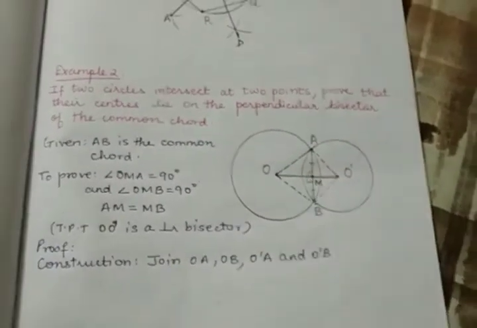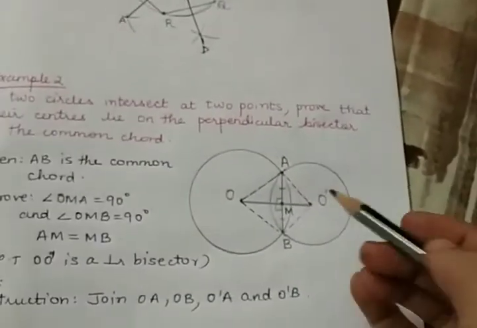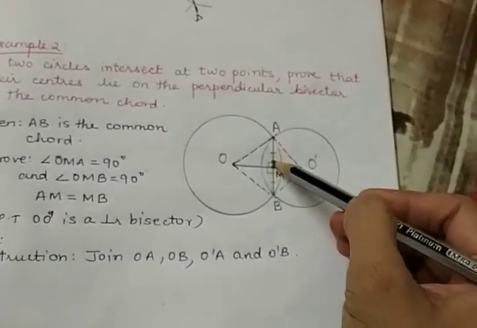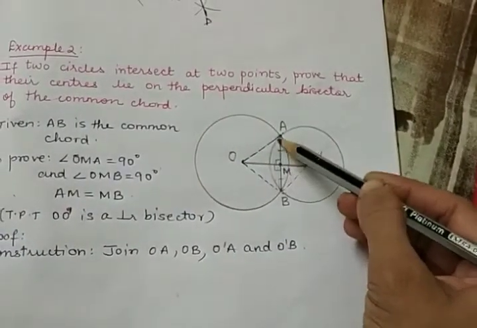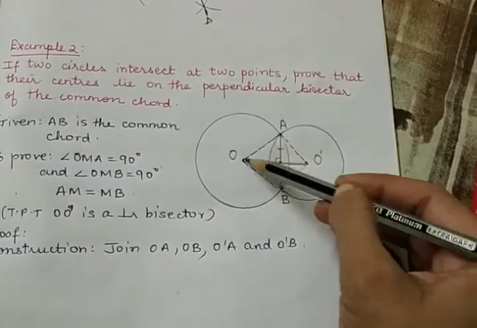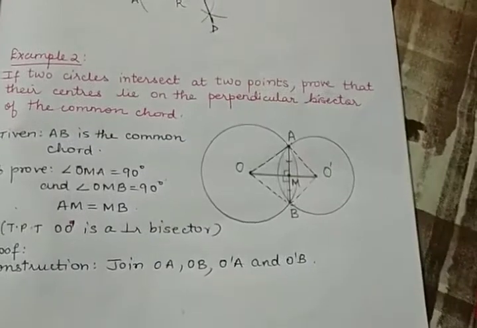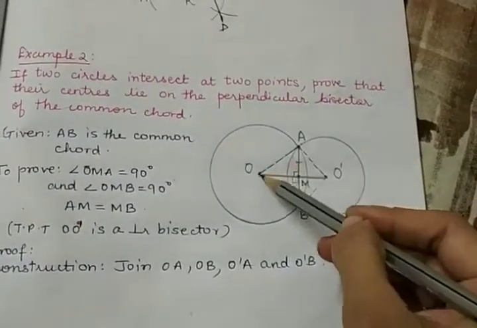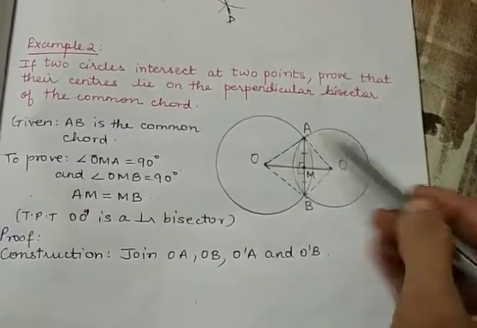Now you must have noticed that if I want to prove that this angle is 90 degrees, then I have to take this triangle, say OMA, and triangle OMB. So these two triangles I have to take to show that these angles are equal. If I show these two triangles are congruent, then I can say these two angles are equal and prove.